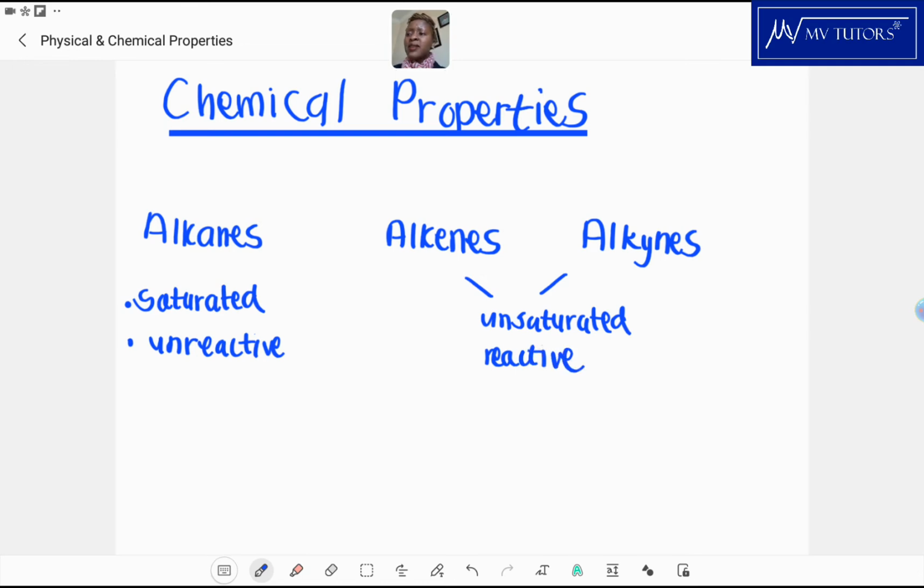Okay, what else can we say about the alkanes? Basically they have weak van der Waals forces, so their intermolecular force is quite low. And remember, we did talk about the effect of your functional group on the physical property.